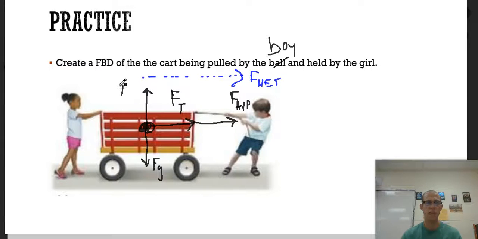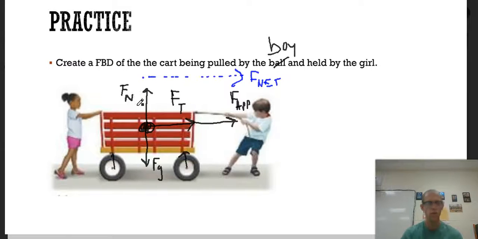There's a force from the ground pushing up on the cart so it doesn't move in the Y direction. So these two forces are equal in magnitude, so they cancel each other out, but they're opposite in direction. Technically, this normal force would be applied to the wheels, but since we're doing one free body diagram, we do it in the center of mass, and we kind of just combine the little normal forces right here.